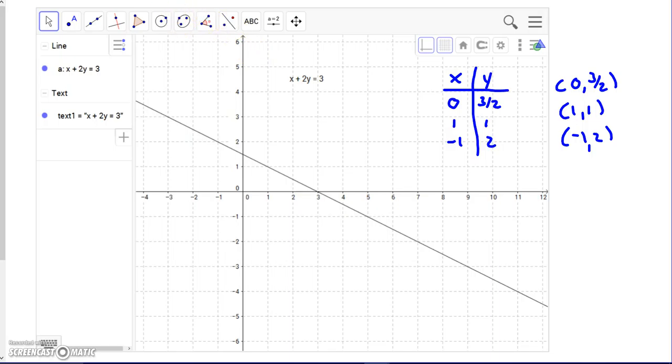Whereas if I had something like y is equal to x squared, and I assigned a value for x, I would get a certain value for y, but if I graphed the ordered pairs for this equation, I would not get a line, I would get a parabola. So the solutions to a linear equation, when graphed, produce a line.